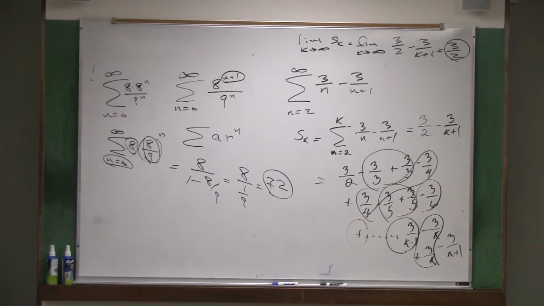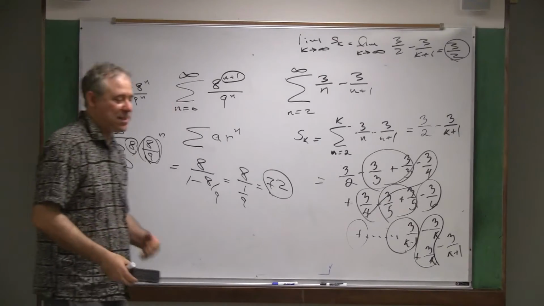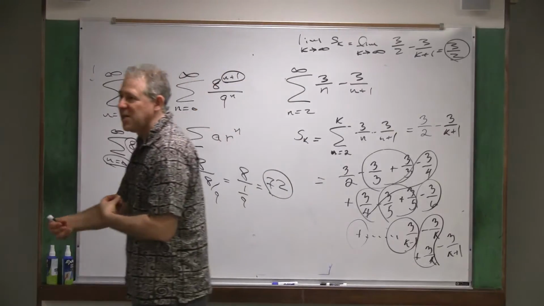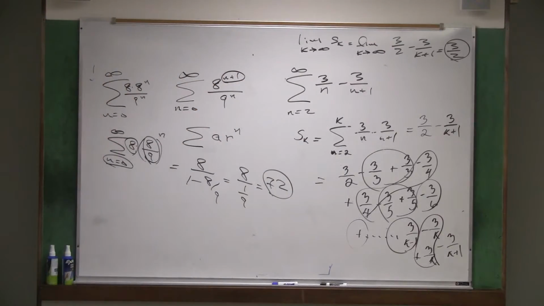This is the thing that we need to go to 0 in order for the series to have a chance. So you always think there are two sequences involved when you see a series: the A sequence and the S sequence. We're interested in whether the S sequence is converging or not.